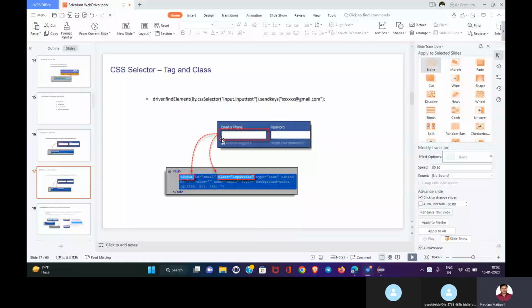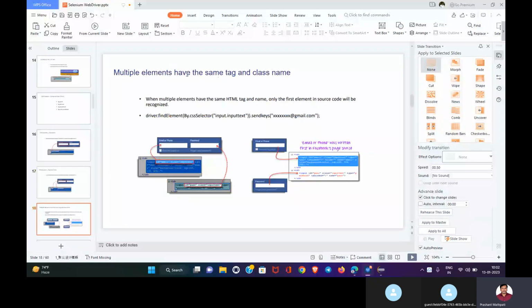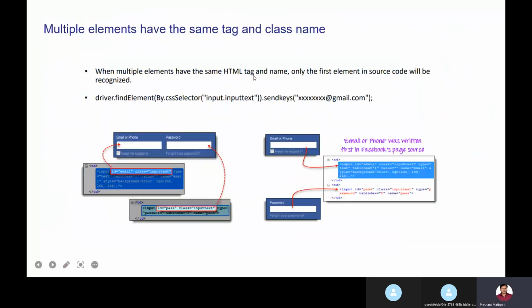By using the tag name, multiple elements have the same tag name and class name, and multiple elements have the same HTML tag name. Only the first element in the source code will be recognized. So driver.css selector input text, this one. So both having the same thing. Yes or no? So in that, as I told you, with multiple tags it will always take the first one, but it is not allowing me, right?